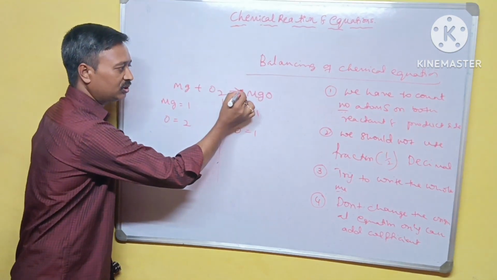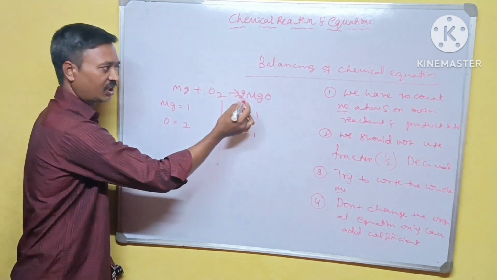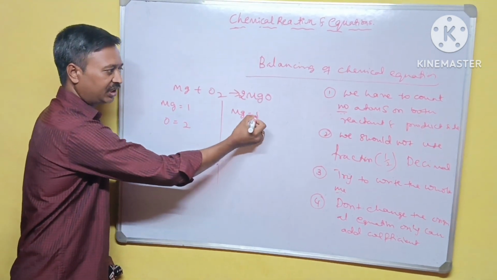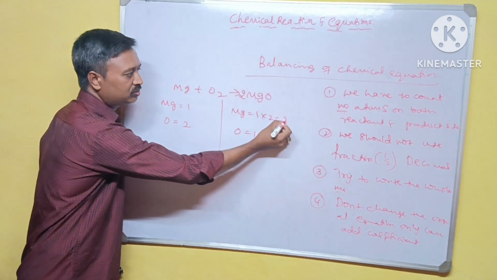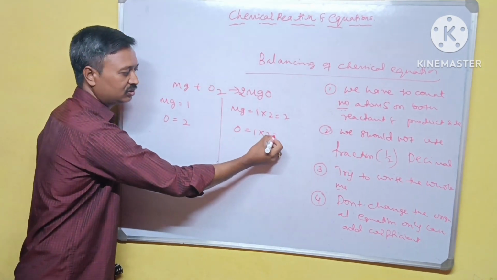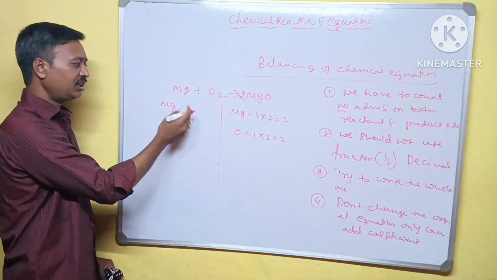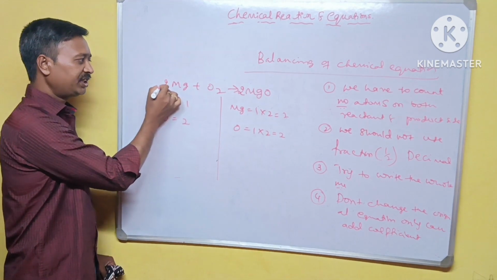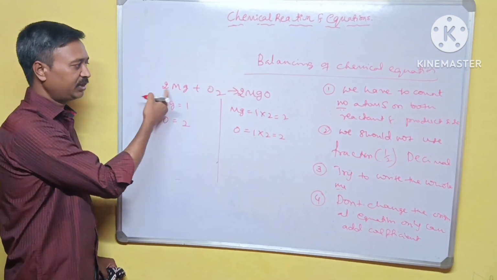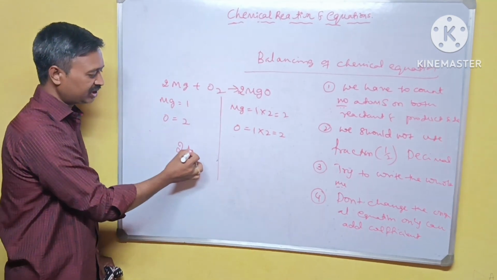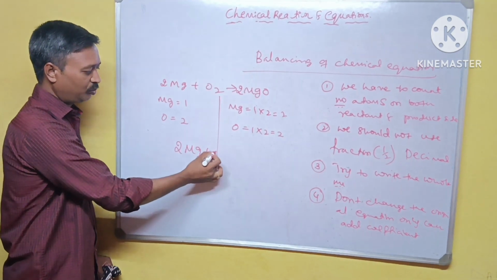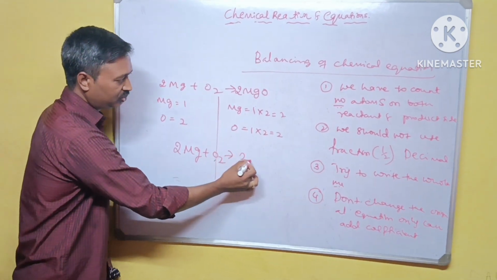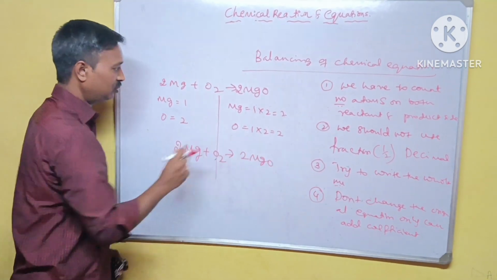Here we have to put 2. If we put 2 here, magnesium becomes 2, oxygen becomes 2. Now it is easy. Oxygen is already 2. Put 2 in front of magnesium. Now the balanced equation is 2Mg plus O2 gives 2MgO.